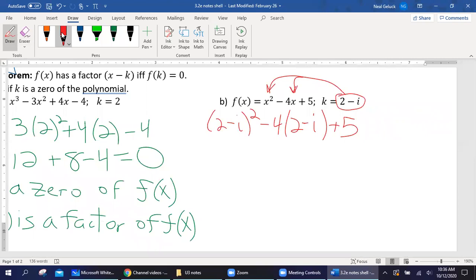If you square the 2 minus i off to the side, you'll end up with 4 minus 2i, minus another 2i, and then plus an i squared, which is minus 1. Then if you distribute the -4 through this, we're going to end up with -8 plus 4i. And then we still have a plus 5 at the end.